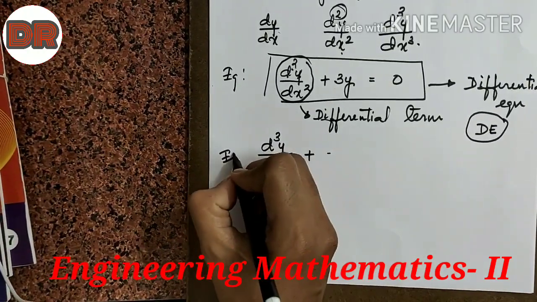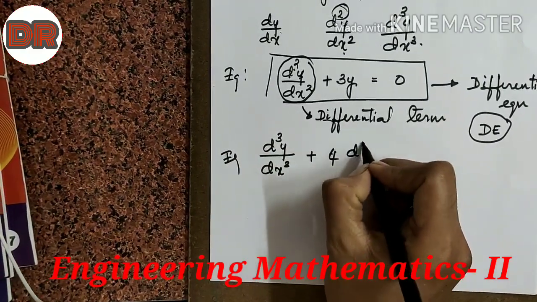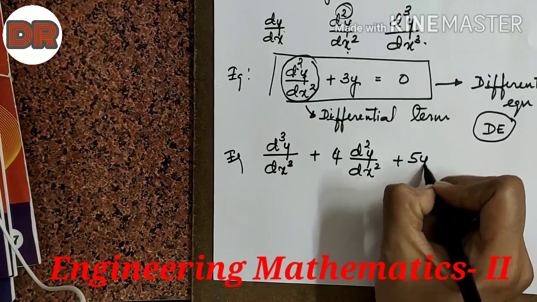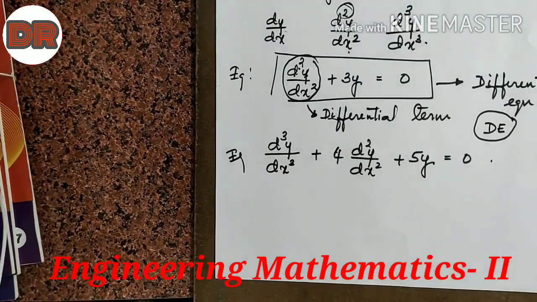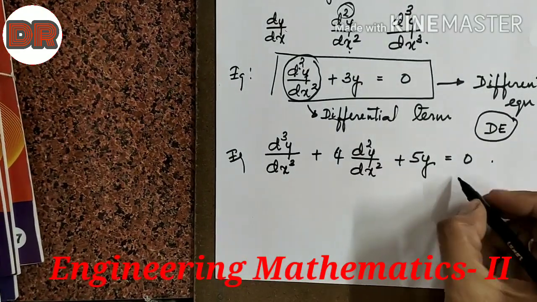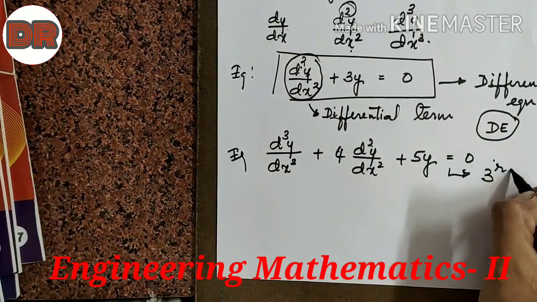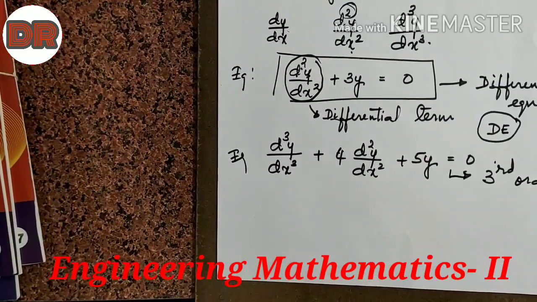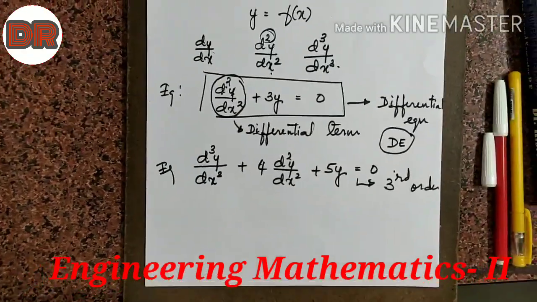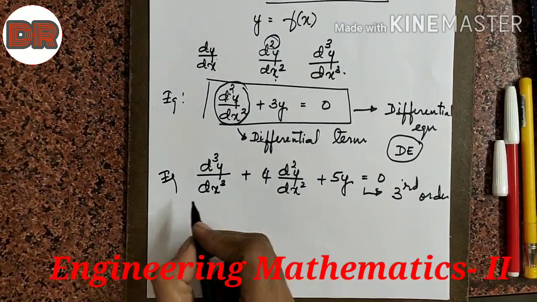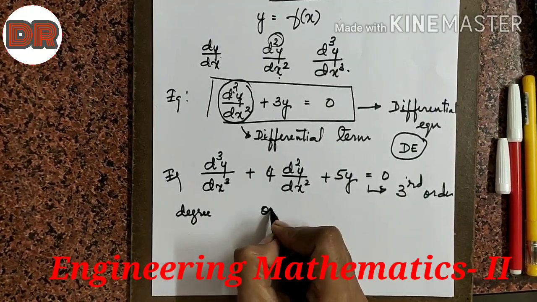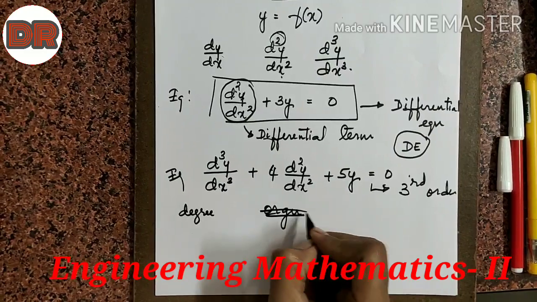This is just an example. So this is a third order differential equation. Now we have to understand what is the degree of a differential equation and the order of a differential equation.